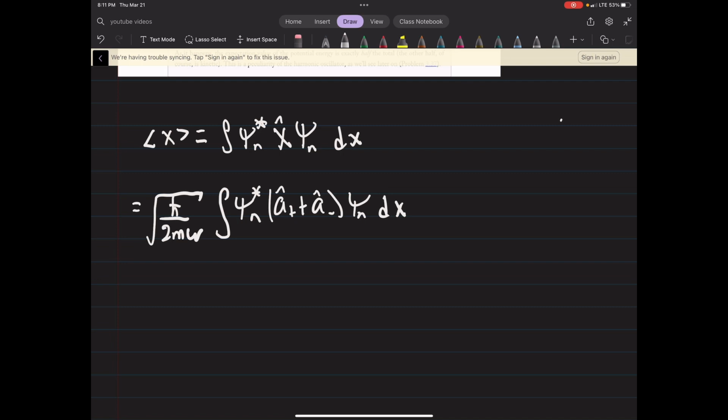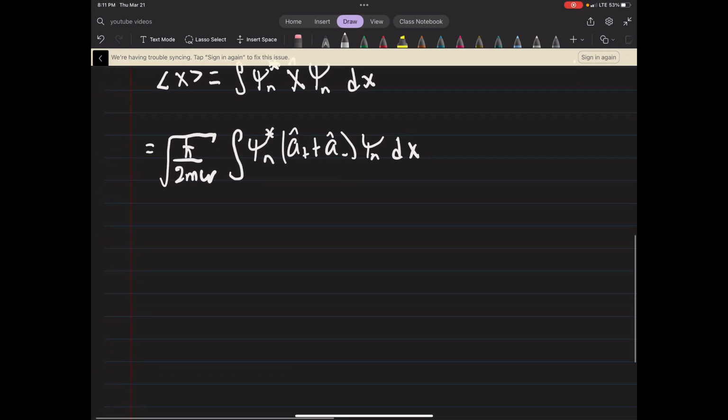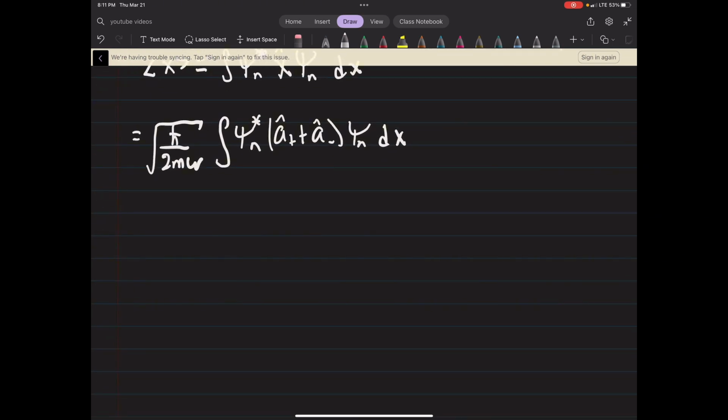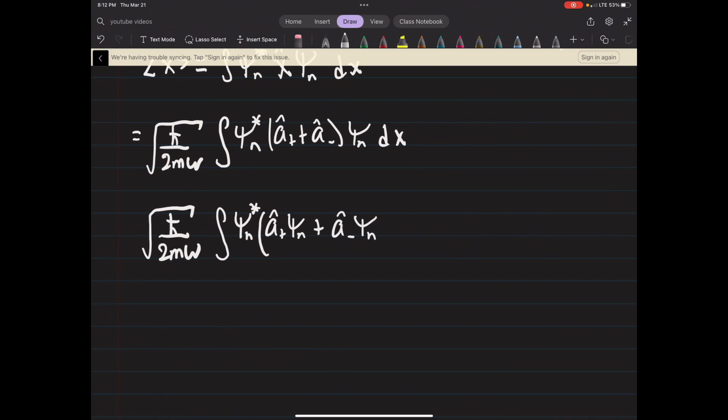Well, distributing that, we have our constant out front, the integral of psi n complex conjugated, and then times the raising operator acting on psi n plus our lowering operator operating on psi n dx.